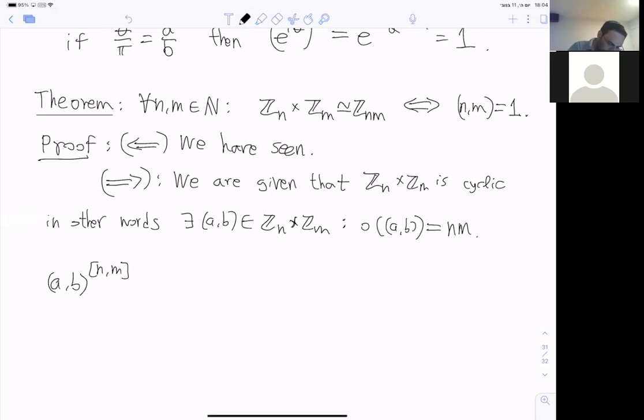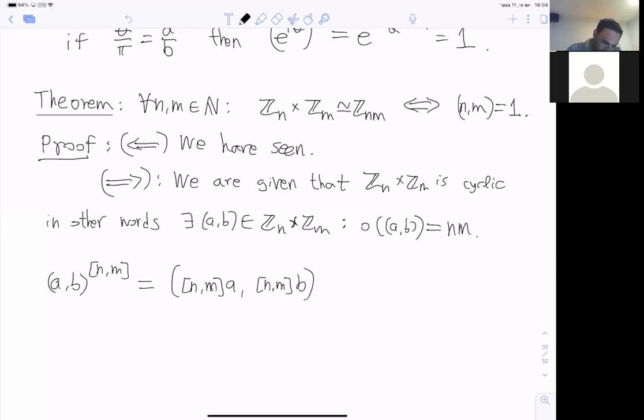When I say power in Zn times Zm, I mean taking this number of times a and this number of times b. This is what I call power.